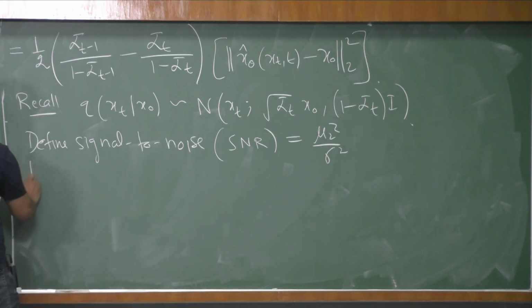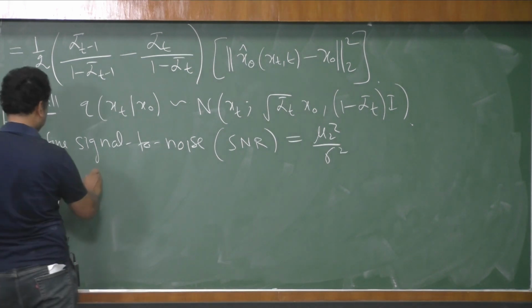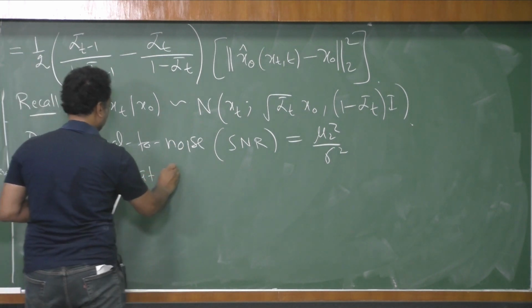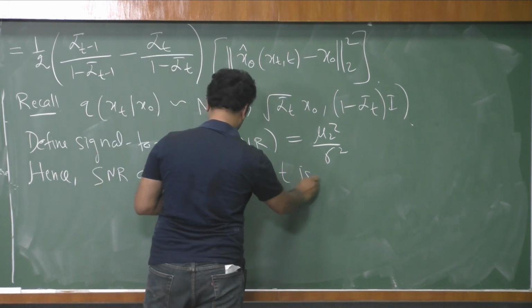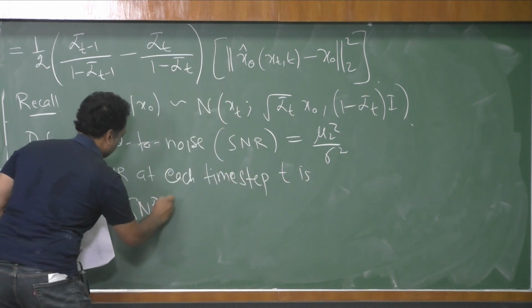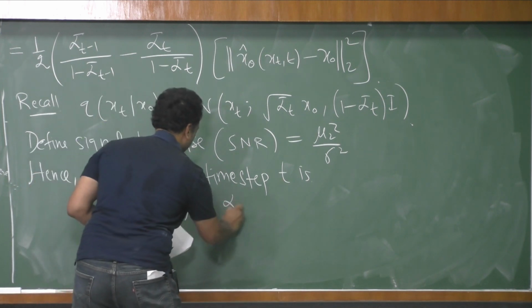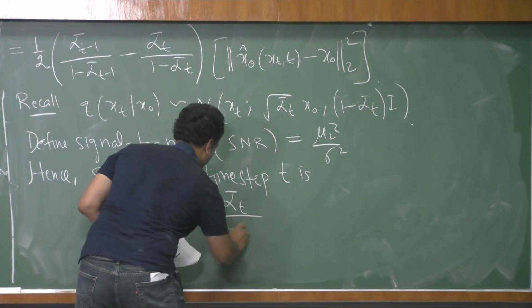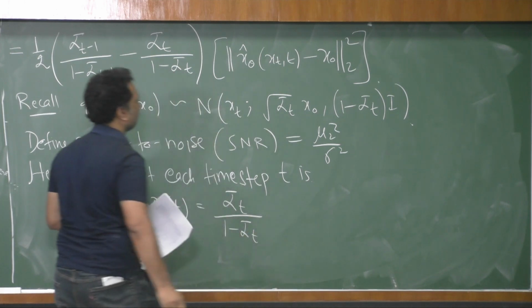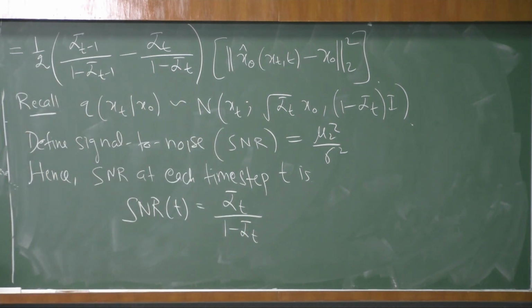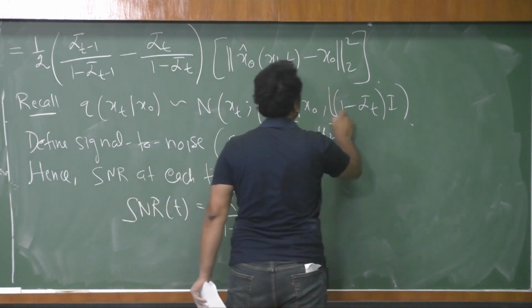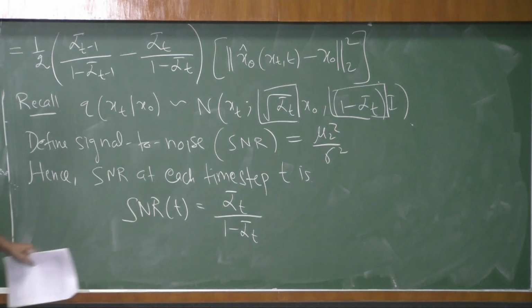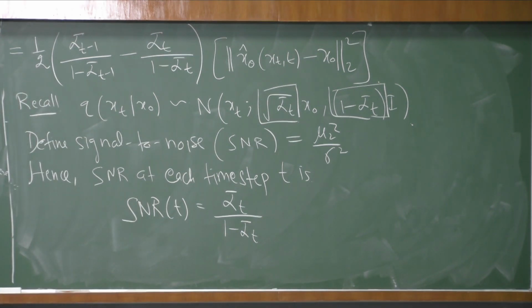Hence SNR at each time step t is given by SNR t equals alpha bar t divided by 1 minus alpha bar t. So basically we look here, this is our mu and this is our sigma. This is how we are defining the signal to noise ratio.